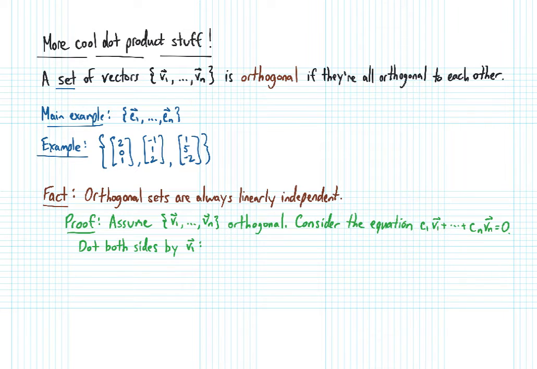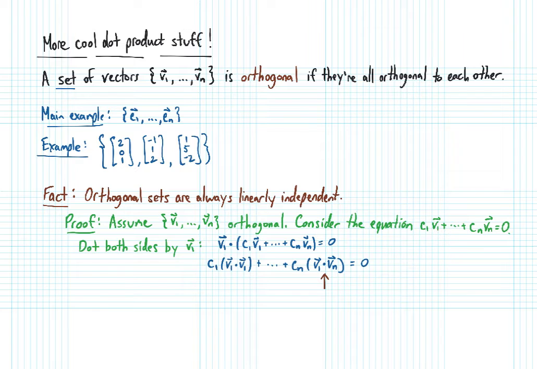So what we'll do is we'll take that equation and we'll dot both sides with v1. And then one of the properties of the dot product is that it's linear, which means that it distributes over addition and you can pull scalars out. And so when you do that, this is what you get. And now you'll notice that except for that first term that has a v1 dot v1, every other term has v1 dotted with a different vector in the set.